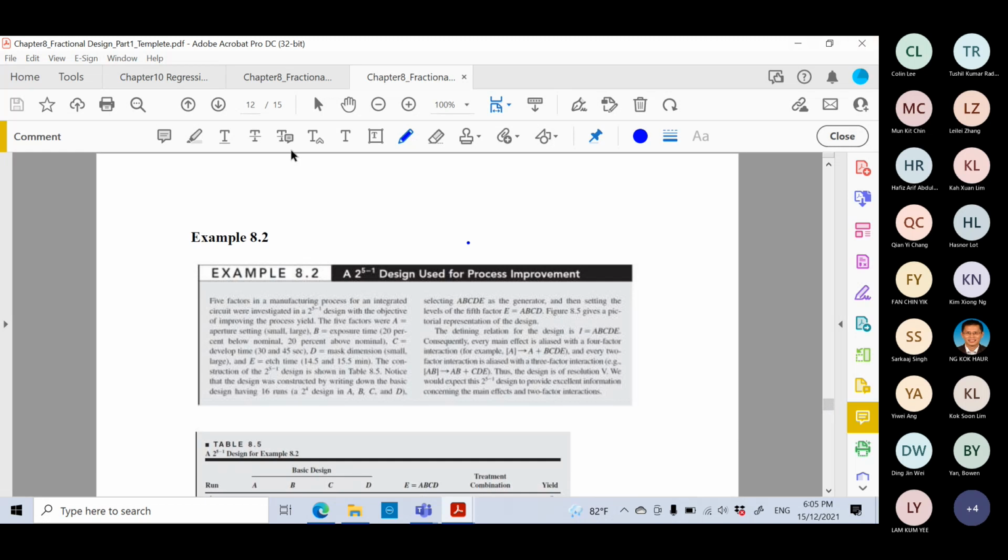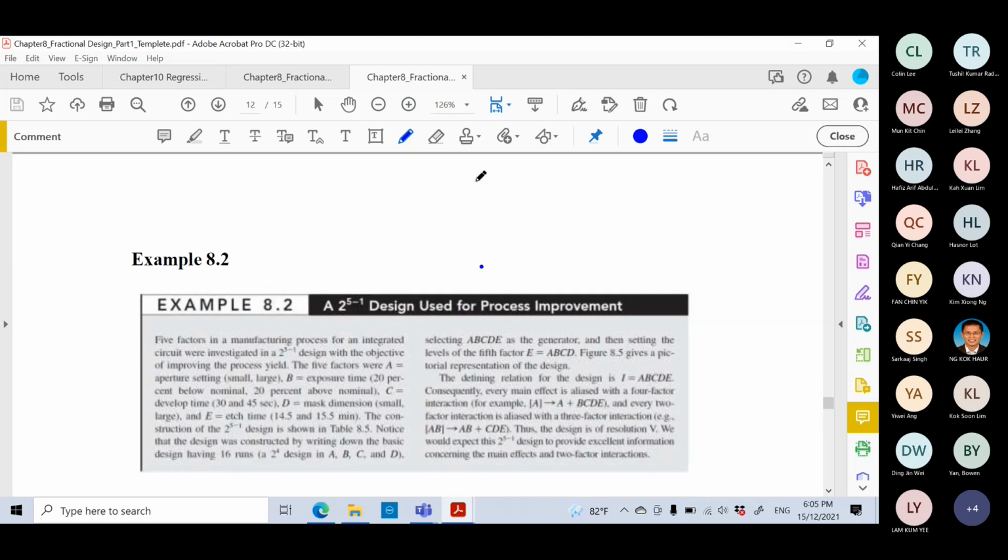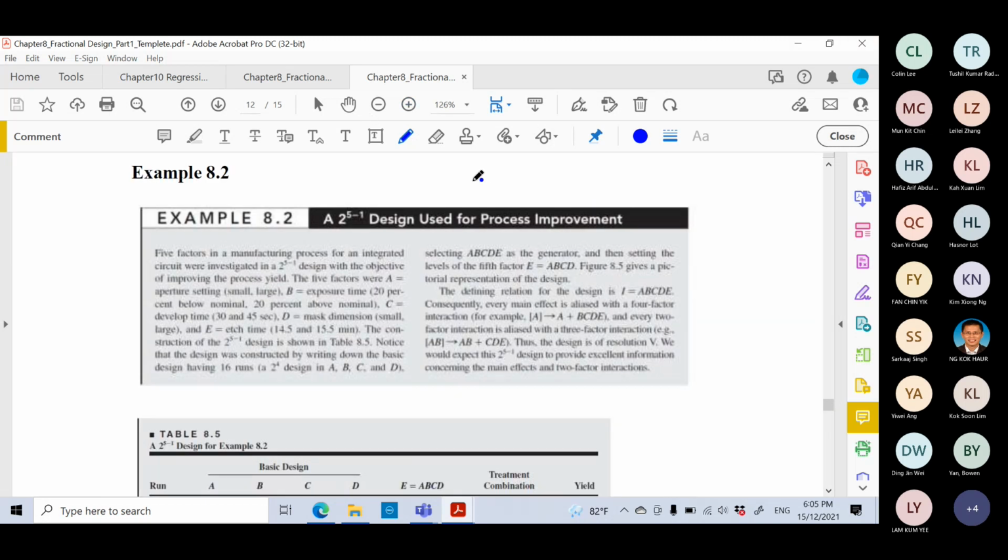So in this example, instead of just 3 factors, we go through 2 power of 5 minus 1. The minus 1 means they only run 1/2 of the treatment combinations.